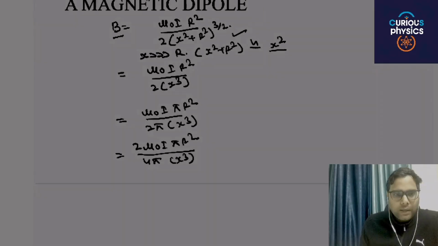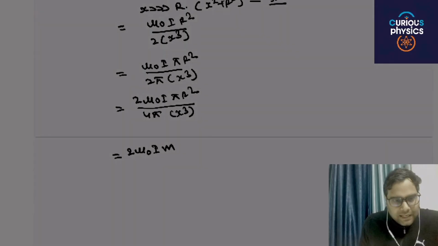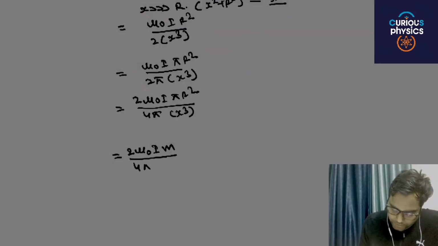Now this value can be written with I pi r square, because pi r square is the area, and I times A is m, over 4 pi x cube.